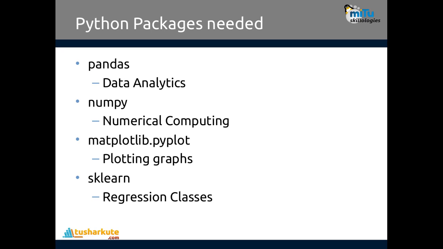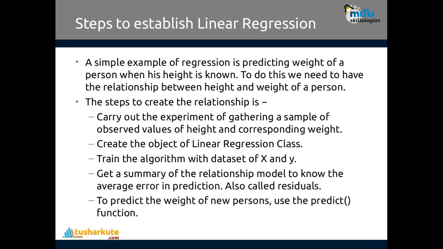The last one is sklearn, where the linear regression class is stored. We need to create an object of it, then apply the data set to the object and train the algorithm based on the given data. Here is an example of some steps. For example, height and weight are two values connected by linear regression.